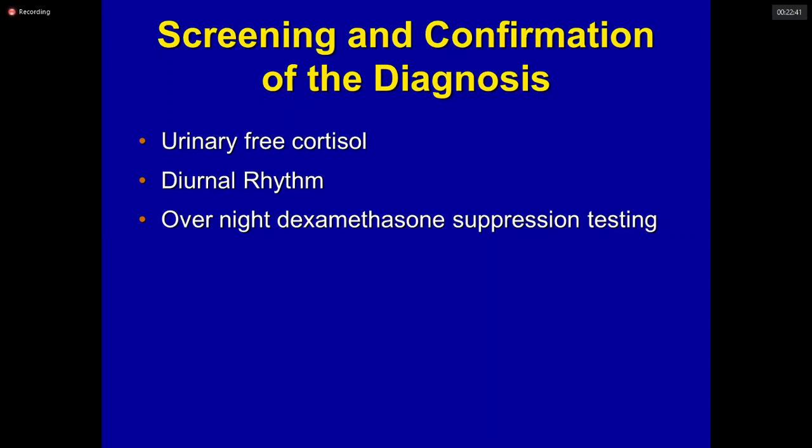So when we do cortisol in the morning, it's going to be high, and usually we'll do testing for cortisol in the evening. Around 11 p.m., we take a sample of plasma cortisol, and the result will be high in cases of Cushing disease.